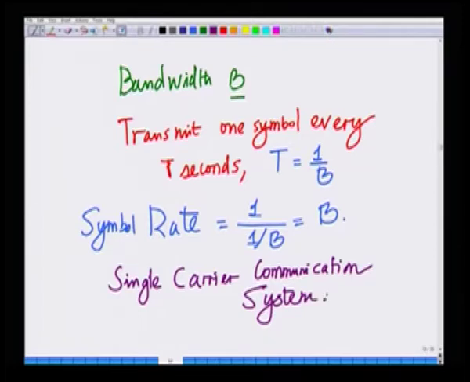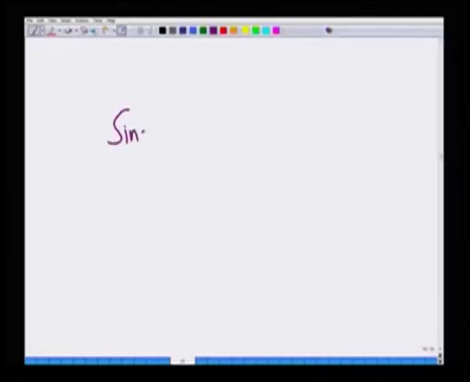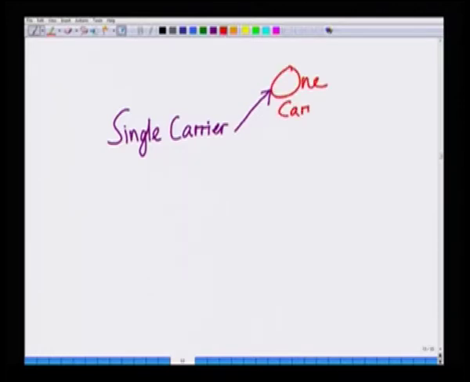This is a single carrier communication system. As we have seen, what it means is there is a unique carrier, that is one carrier, and that occupies the entire communication bandwidth.